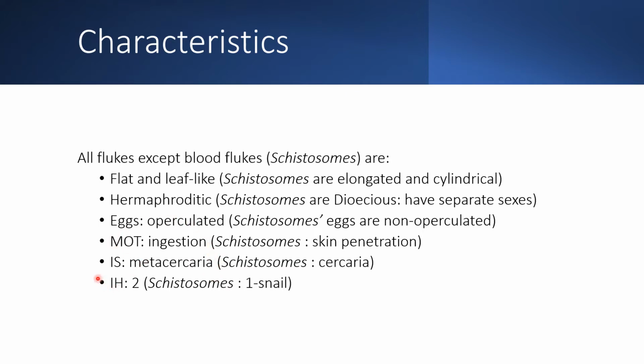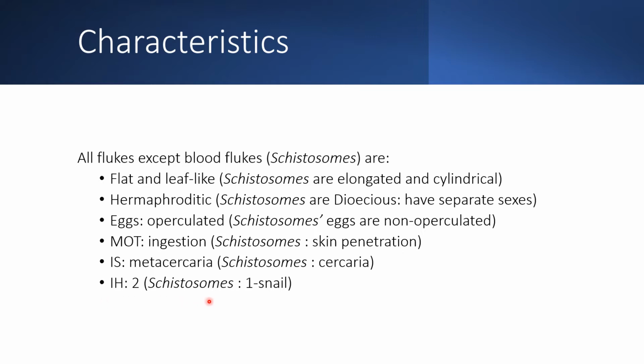For the intermediate host, all of them, except for schistosomes, require two intermediate hosts. And take note that for all of them, the first intermediate host is the snail.